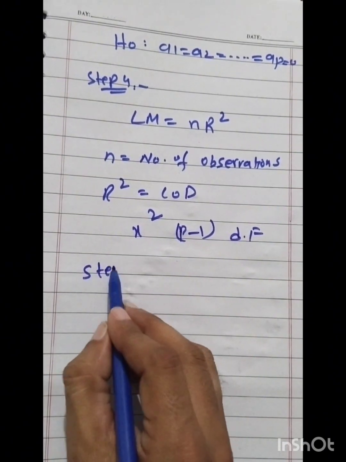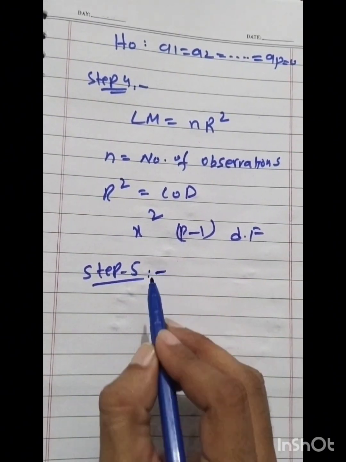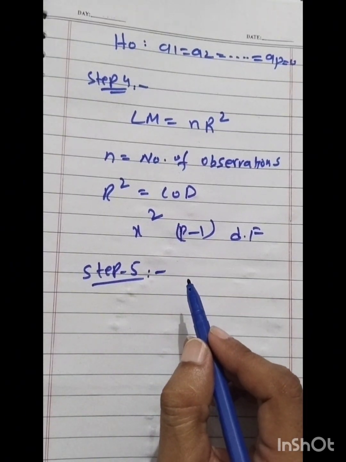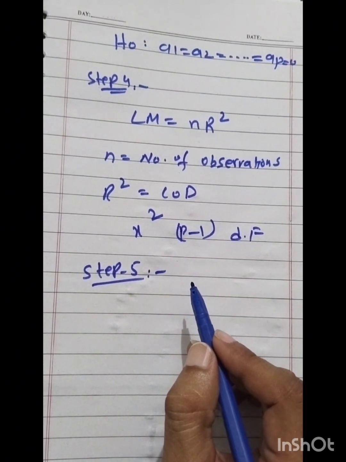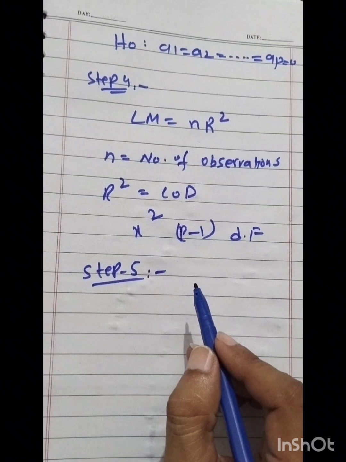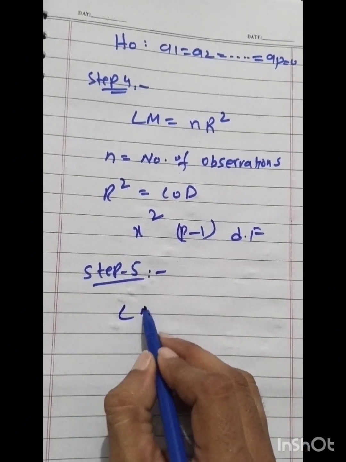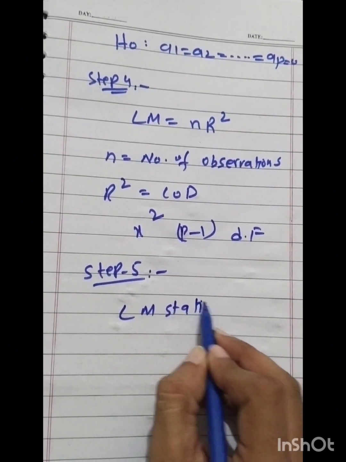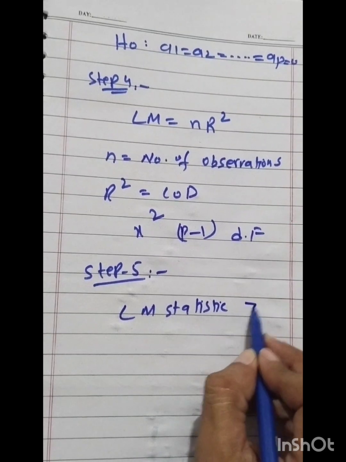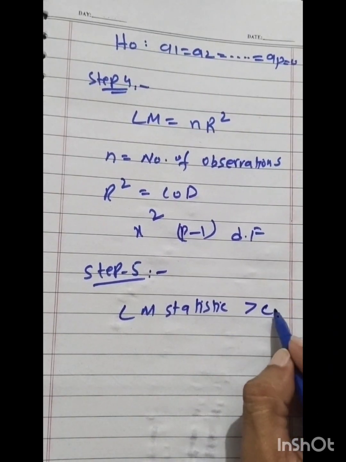Step 5. Reject the null and conclude that there is significant evidence of heteroscedasticity when the LM statistic is greater than the critical value.